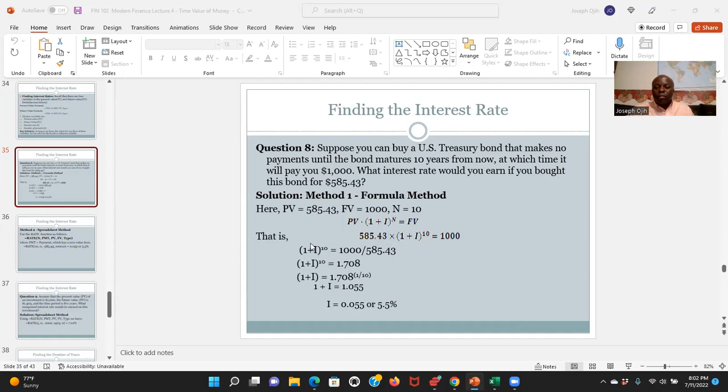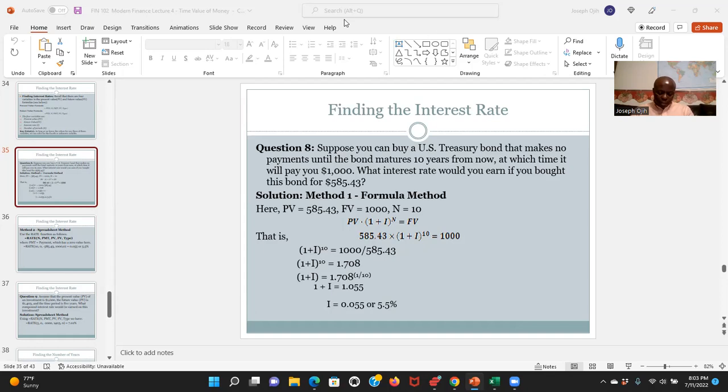So we'll be left with only this part here. Now on the right side, you have 1,000 divided by 585.43. This we can do on a calculator.